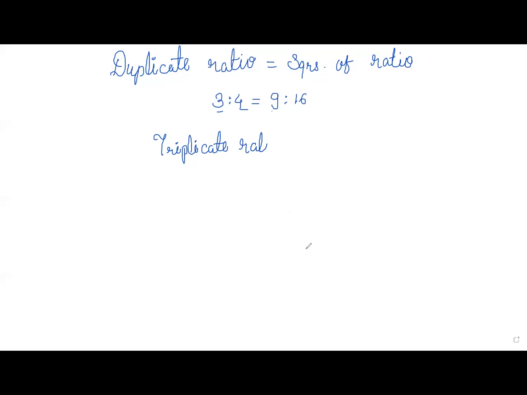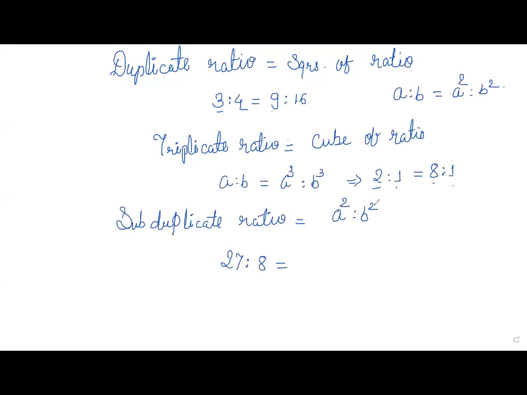Then subduplicate ratio, suppose I have a square is to b square, then it will be a is to b. Now 27:8 will be 3:2.